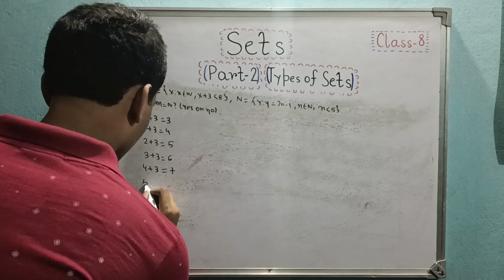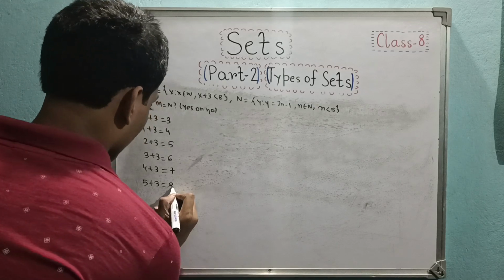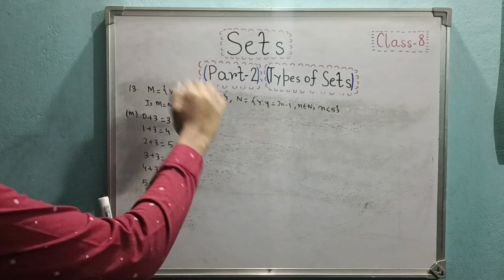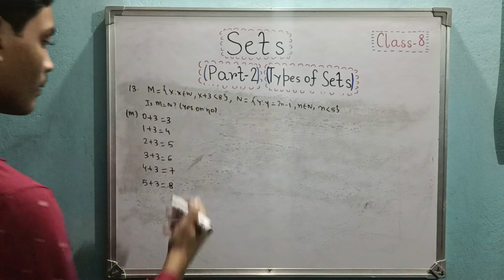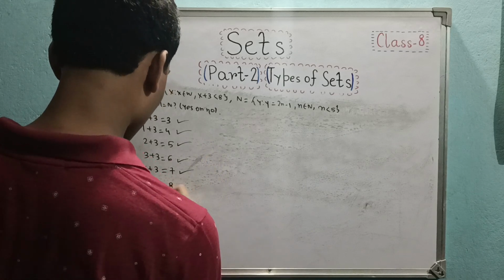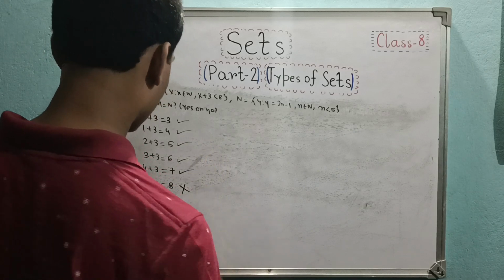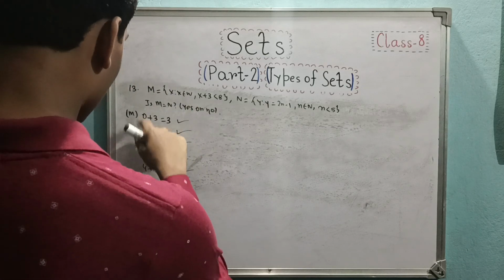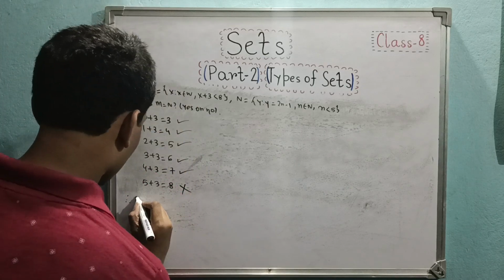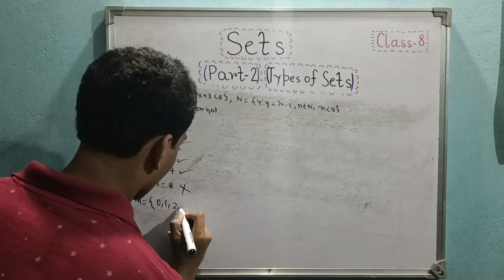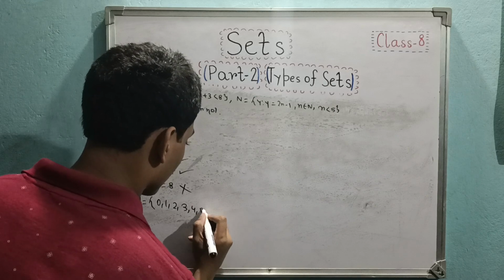But 5 plus 3 is equal to 8, which is not the case, it should be less than 8. So what are the values possible? These are possible, but after this, 5, 6, 7, 8 are all cancelled. So then what is the set M? The values of x here: M equal to {0, 1, 2, 3, 4}.